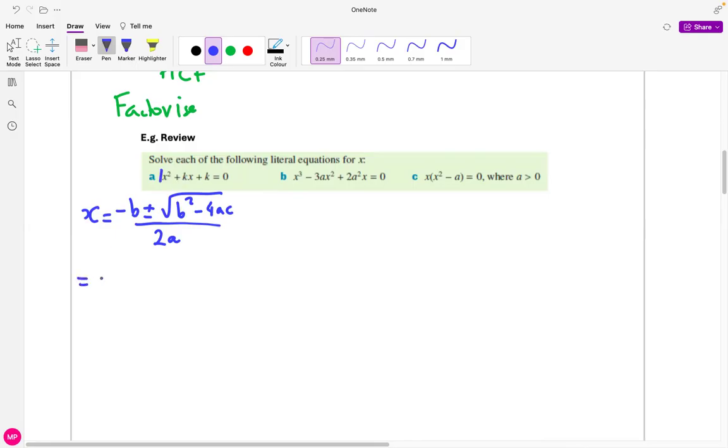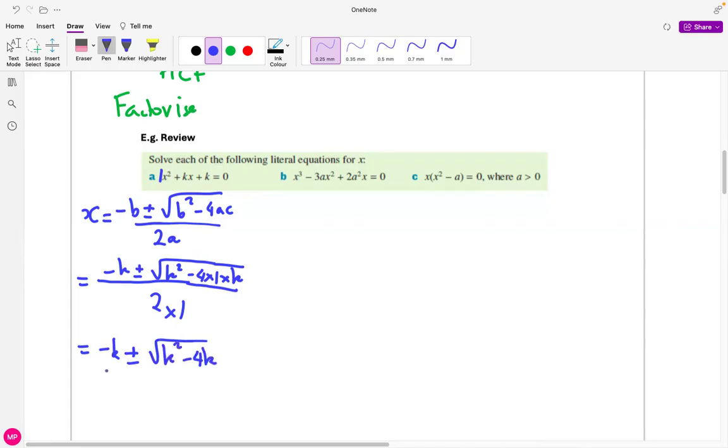So I apply that: negative b is negative k, plus or minus root of b squared, which is k squared, minus 4 times 1 times k, and then over 2a, where 2a equals 2. You get negative k plus or minus root of k squared minus 4k, over 2. And you can leave the answer like that.